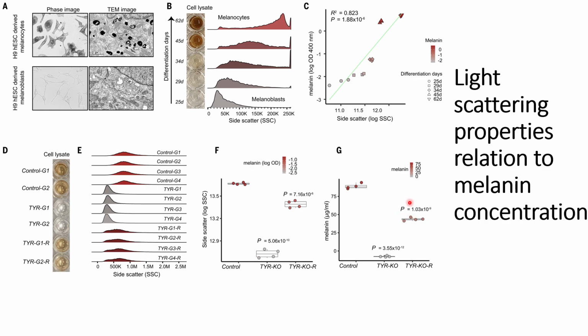All these panels make the point that light scattering properties are related to the melanin concentration, and these light scattering properties can be used to identify the melanin concentration of the cells.